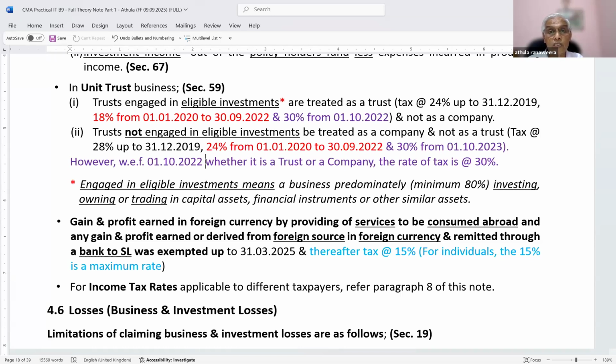Out of the 20,000, they are trying to say 16,000 is your interest income, and only the excess 4,000 is capital gain. To me, there's no basis for that argument. Even they don't know the basis. They are just arguing. According to the current system of the country, with the system of the laws, they do whatever they want.